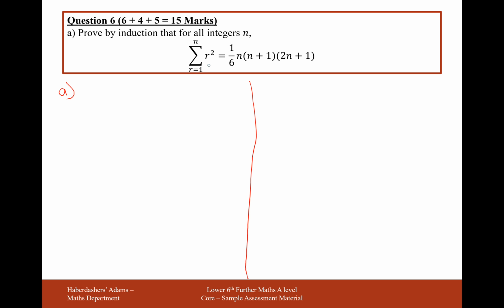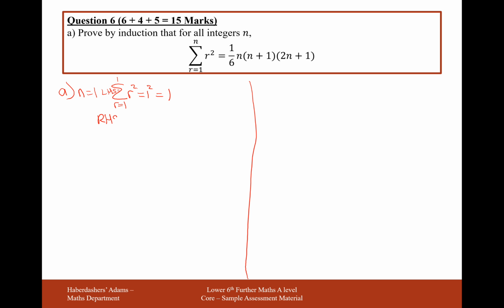Right, so starting at the same point we always do with proof by induction, and that is to prove our theorem true for n equals 1. So it's the formula substituted in with a 1, so it's the sum from 1 up to 1, this is the left hand side we're working on here, of r squared. That means you substitute in the number 1 into that squared formula, so it's going to be 1 squared, which is just 1.